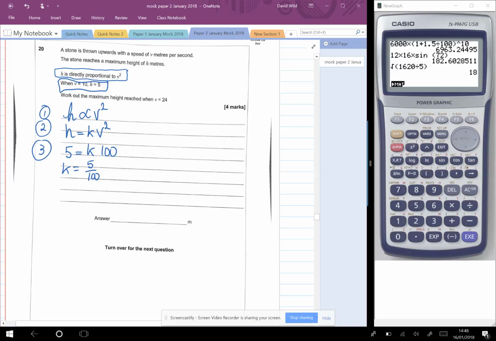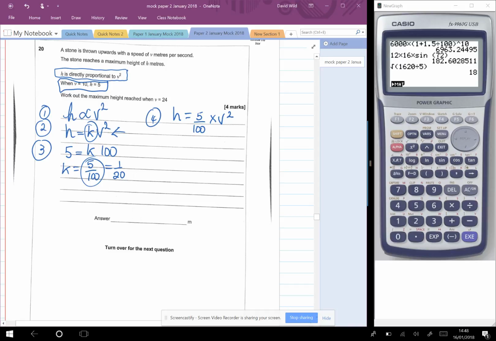And 5 100ths, of course, is the same as 1/20th, if we prefer. The next step, step 4, is to substitute this value k back into this equation here. So h is, we could just leave it as 5 100ths if we prefer, times v squared. Okay, so just replacing this value of k with its real value here.